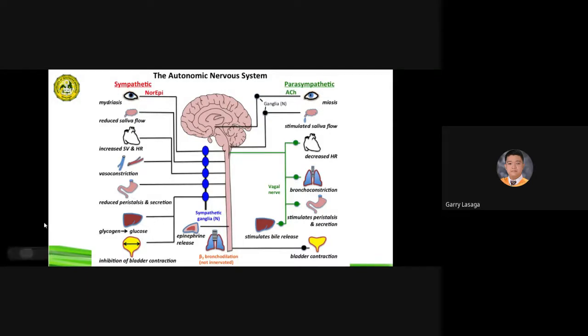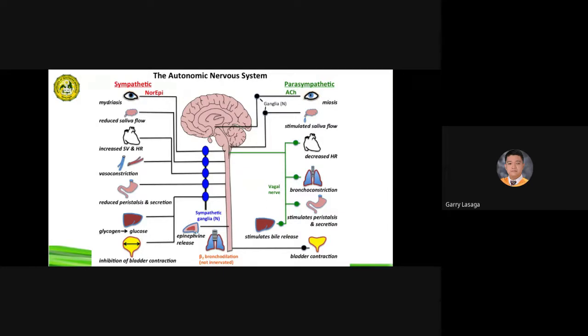For the liver, there will be the conversion of glycogen to glucose. So this is important as a source of energy for the fight or flight mechanism. For the urinary bladder, there will be contraction of the sphincter of the bladder in order to inhibit urination.